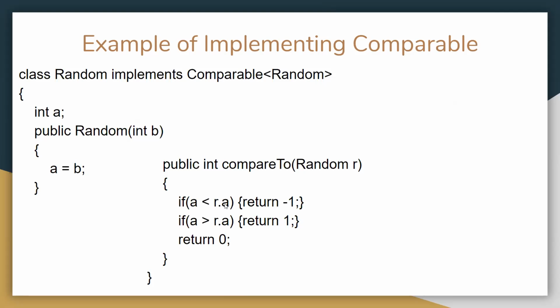Anyways, how you know that is because usually, remember, when we're returning, we're basing it off of this passed-in object. So if a is less than r.a, usually we would say return -1, actually, oh sorry, no. If a is less than r.a, we usually say return 1.